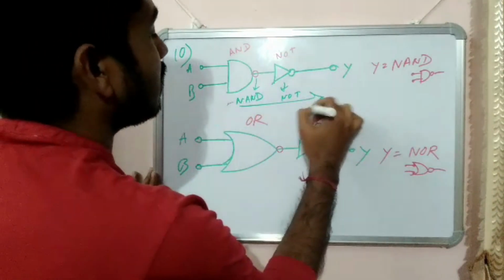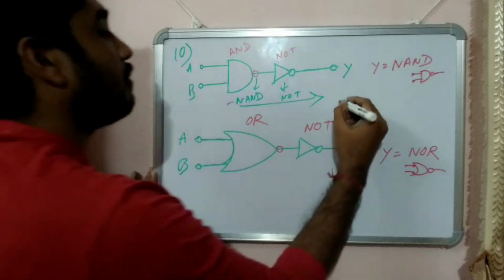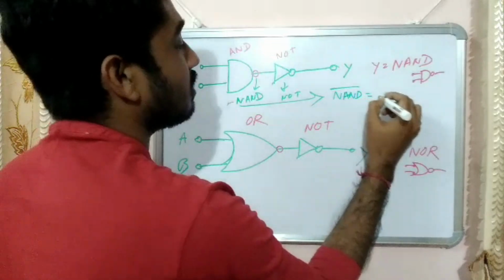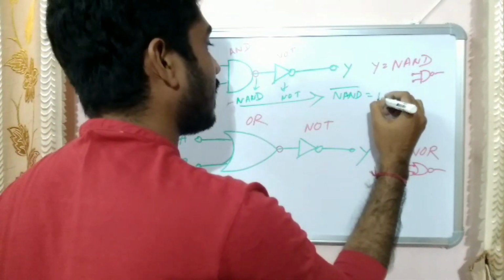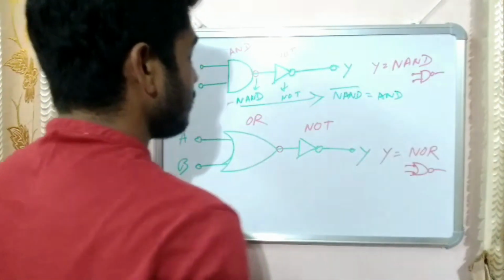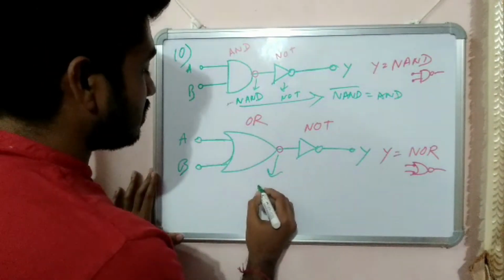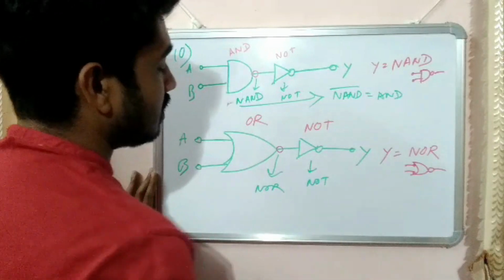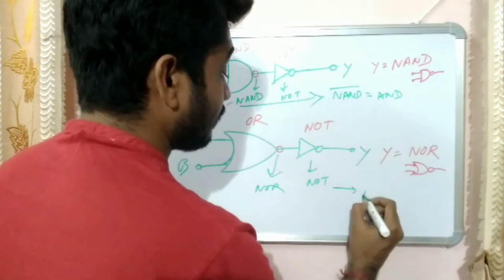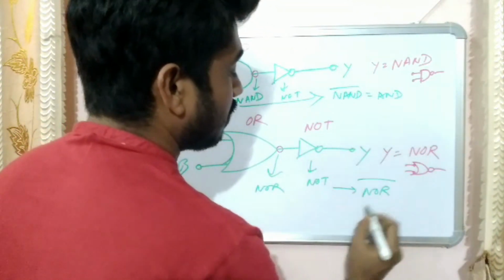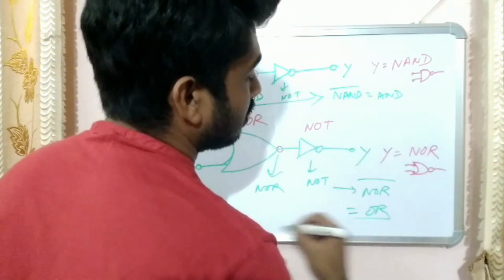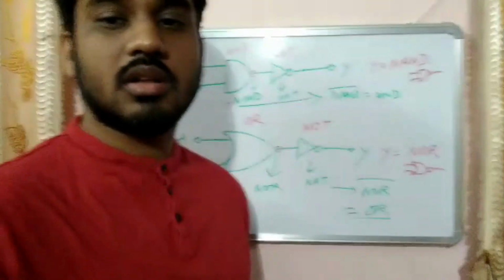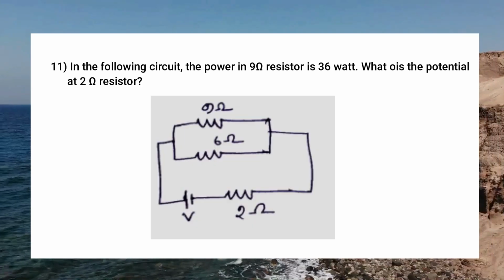So it will again become NAND bar. NOT is some bar, NAND bar, and it will be again AND. And in this case, this will become a NOR gate, and this is a NOT gate. So NOR bar will become an OR. These are the tricky questions, but very easy questions.